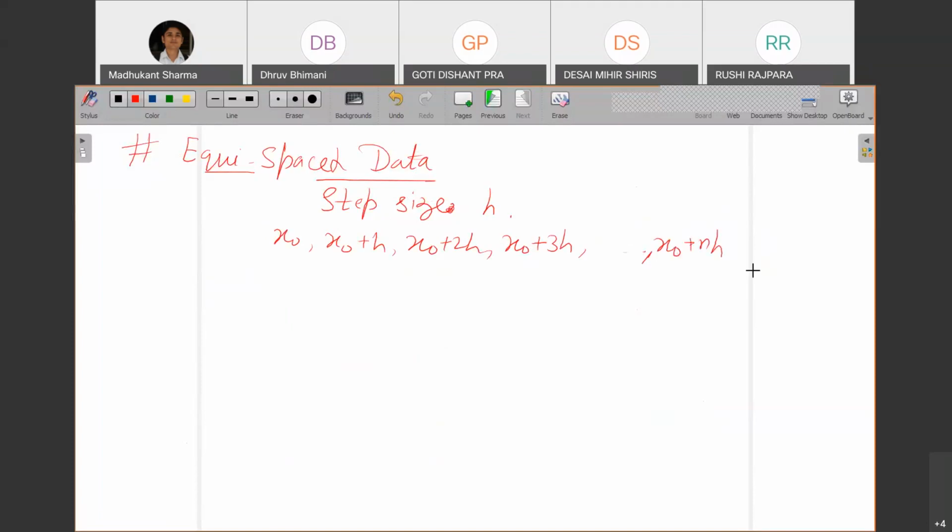This means these xi's are related. If you know the step size h and x naught, then you have the formula for getting xi, that is x naught plus ih, where i runs from 0, 1, 2, and so on till n.